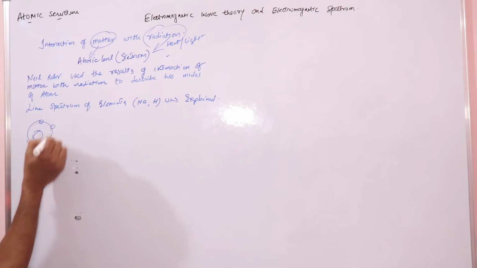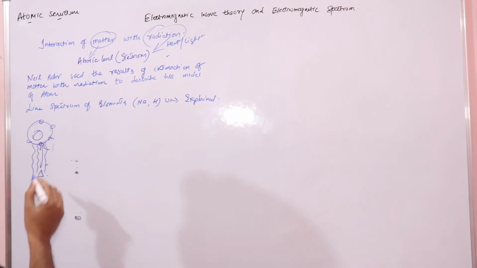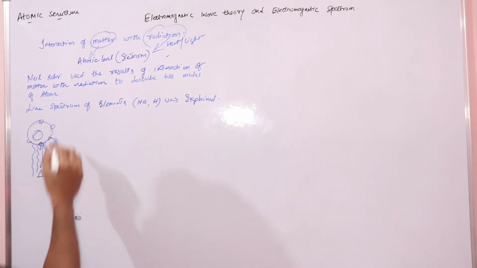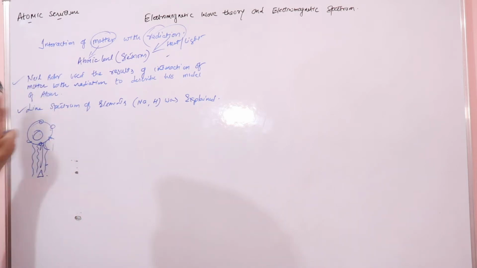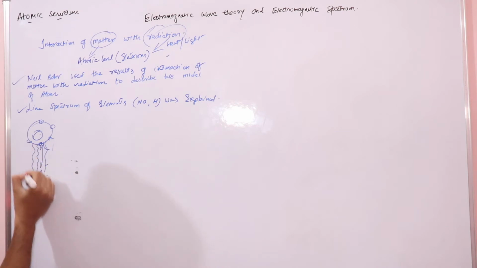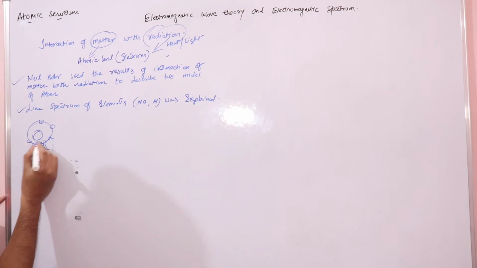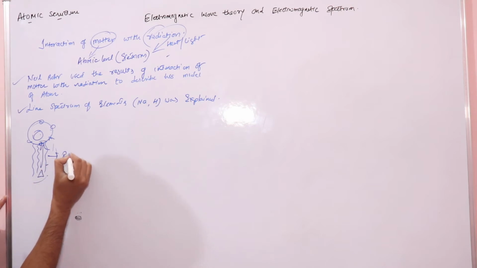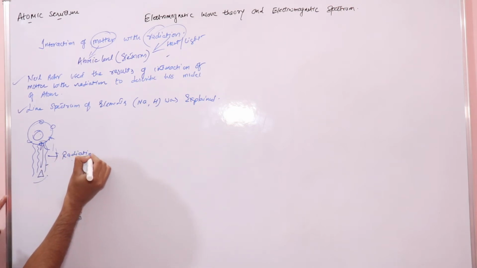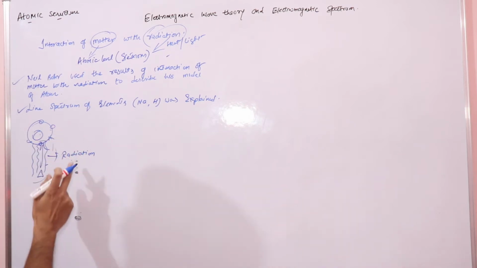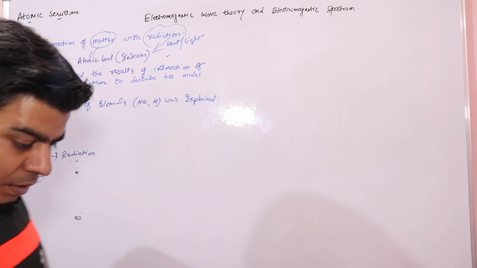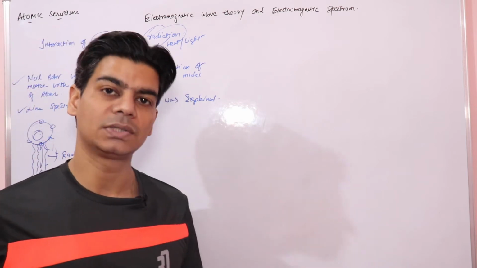Now, in order to understand this interaction, because based on this interaction the line spectrum of elements was explained and Niels Bohr used the result of this interaction to describe his model of atom, first we need to understand these radiations, which may be heat or light radiations. In order to understand radiation, we need to understand the nature of light.